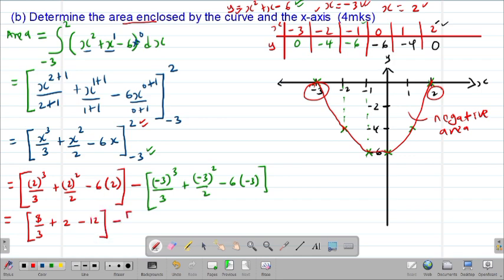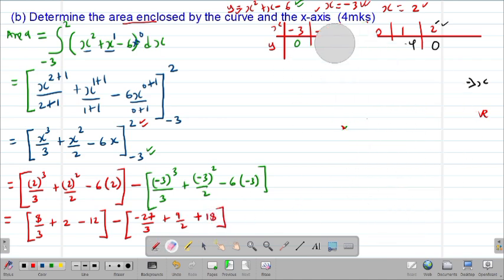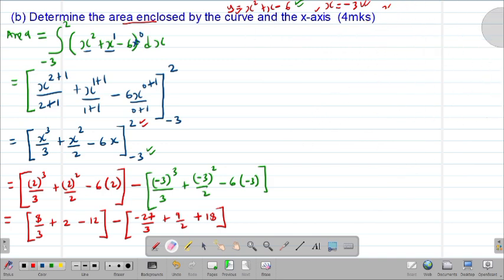Then minus the second bracket, which gives us negative 27 over 3, plus 3 squared, that is 9 over 2, then minus negative 6 times negative 3, which gives us positive 18.